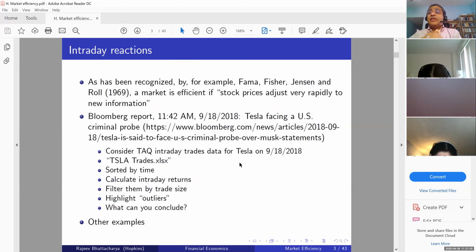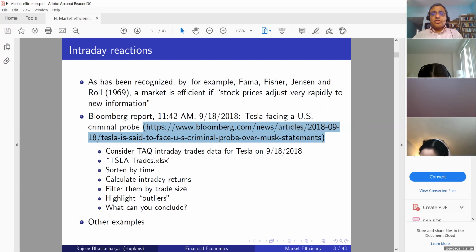In addition to Fama, Fisher, Jensen, and Roll, Ball and Brown are the founders of modern event studies, which we have done quite a lot of in this course. They first talk about the fact that a market is efficient if stock prices adjust very rapidly to new information. How rapidly?